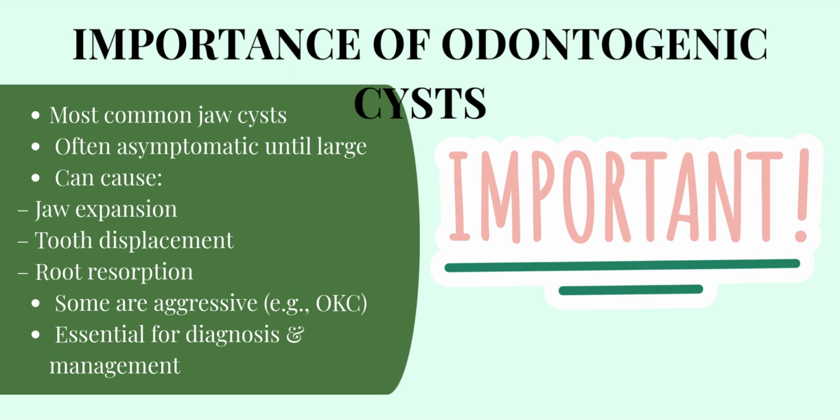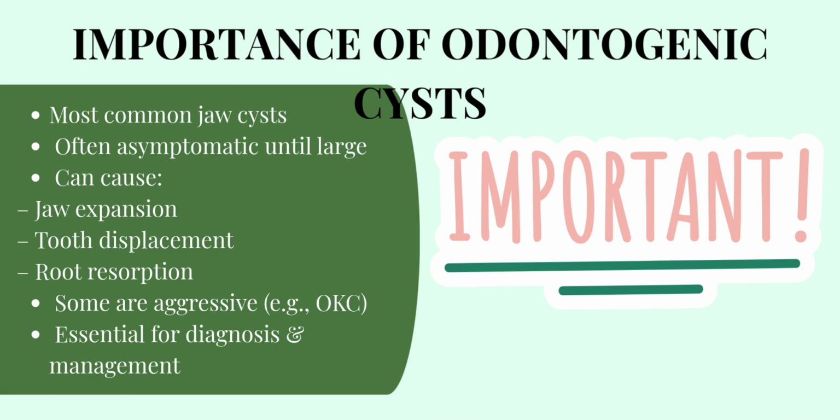Odontogenic cysts are extremely important in oral pathology because they are among the most common cystic lesions of the jaws. Many of them grow slowly and silently, so patients may not even notice them until they become quite large. Even though most odontogenic cysts are benign, they can still cause a significant amount of jaw expansion, tooth displacement, root resorption, and sometimes even pathological fracture of bone.